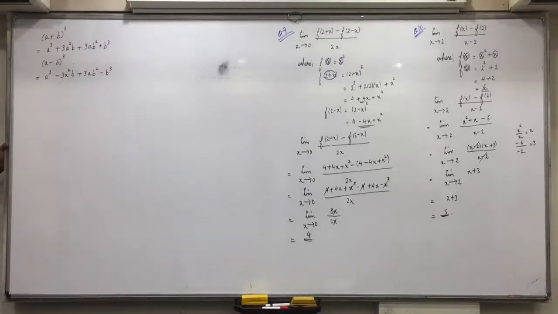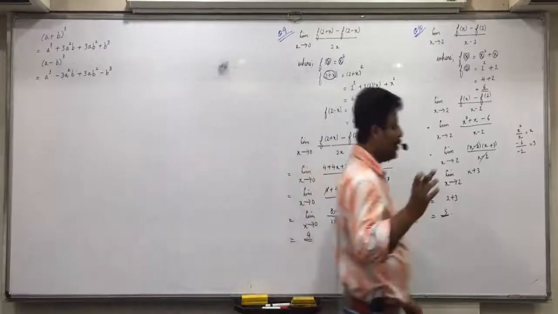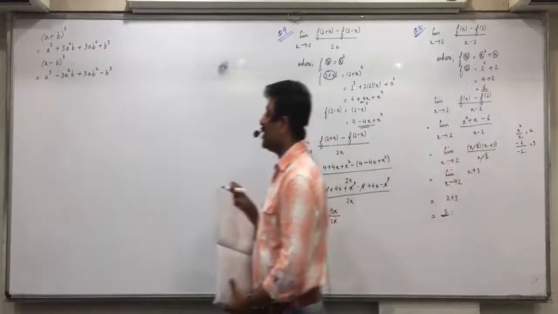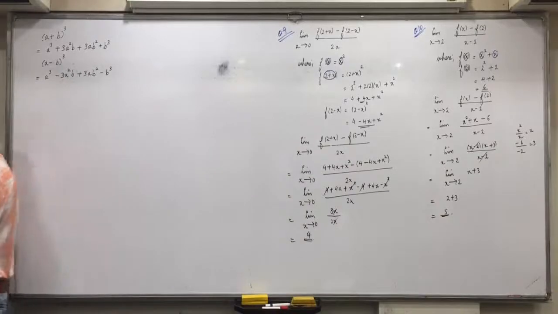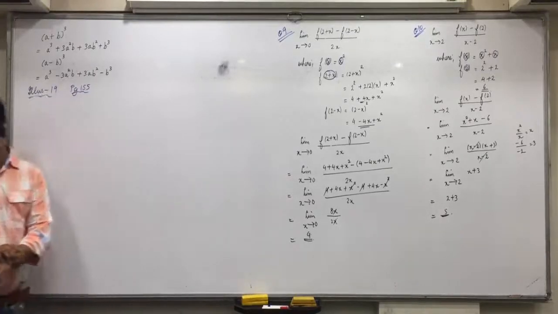Do you remember these two formulas right now? (a + b)³ = a³ + 3a²b + 3ab² + b³, and (a − b)³ = a³ − 3a²b + 3ab² − b³. Now illustration 19 on page 155. Keep silence, everyone.